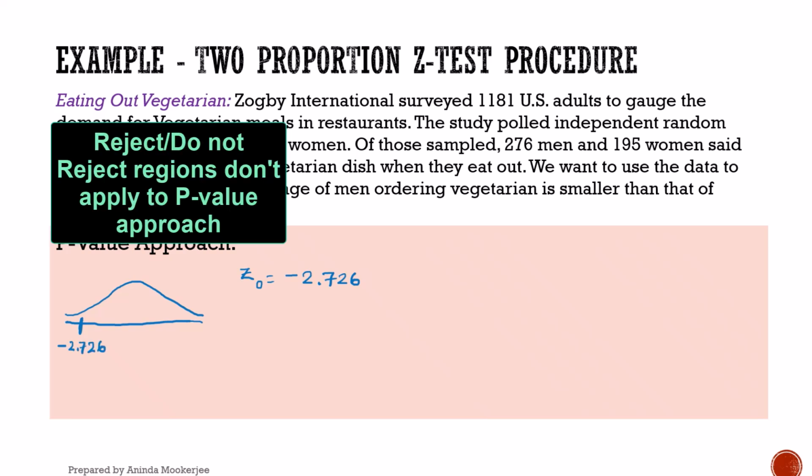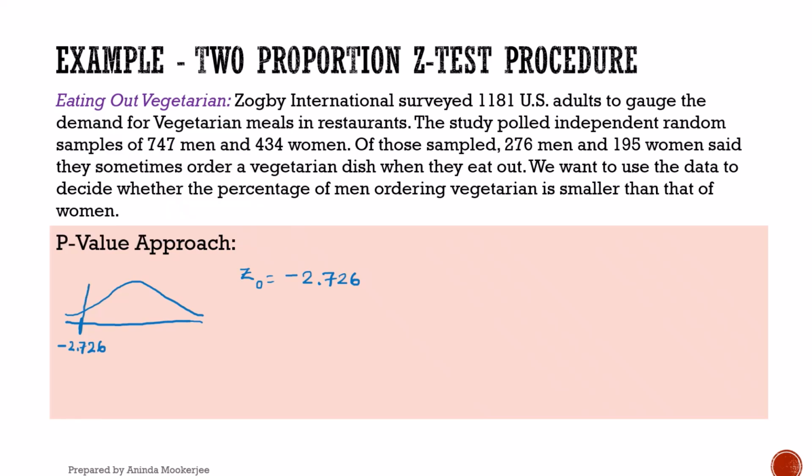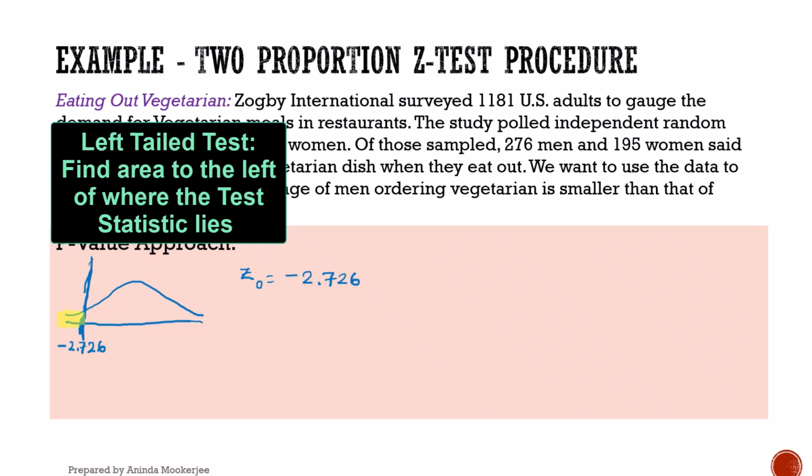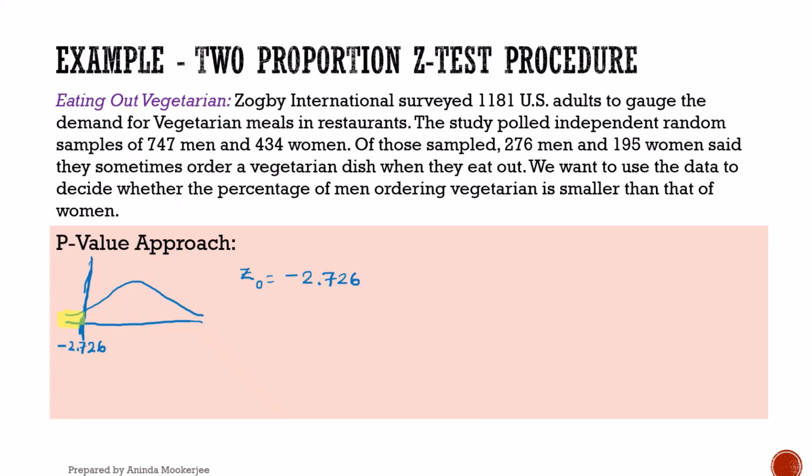Now there are no reject and do not reject regions with the p-value approach. All you do is on your diagram show where your test statistic would lie, and then because this is a left tail test, you're going to find the area to the left of negative 2.726, and that is going to represent the p-value. So I'm going to just indicate it here.